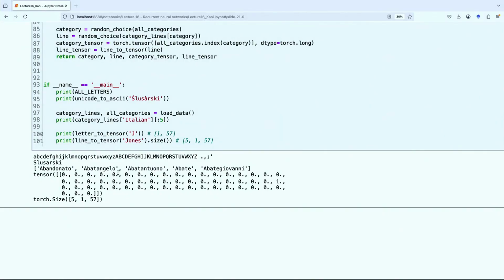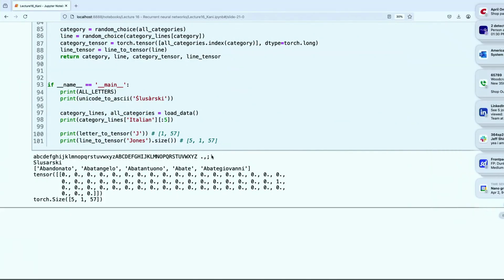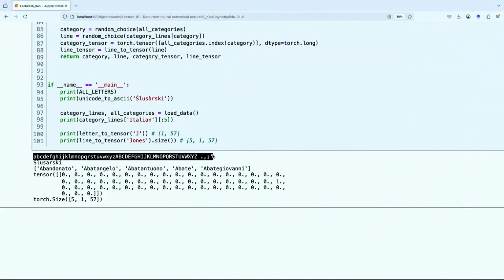So, for instance, in the data sets that I mentioned, the characters are A through Z, both lowercase and uppercase, and a few punctuations, especially like the apostrophes used a lot in African names or Middle Eastern names. So we need these few punctuations there. So we have 57 potential characters.